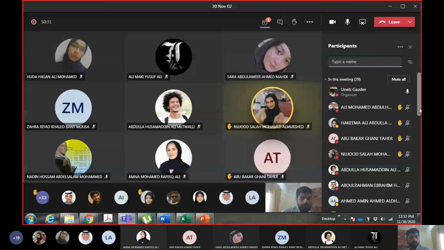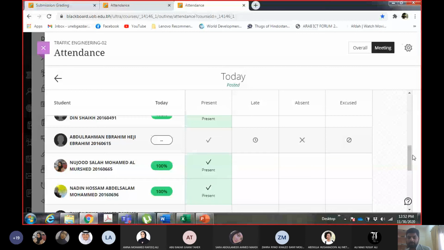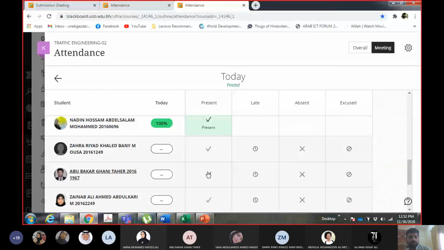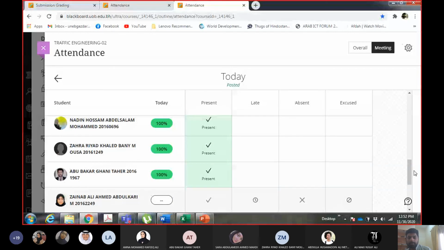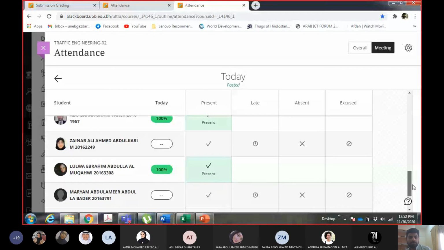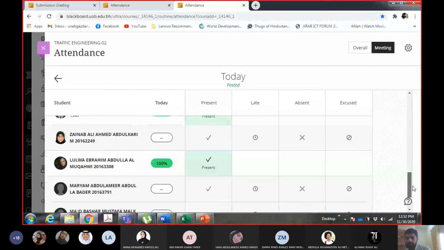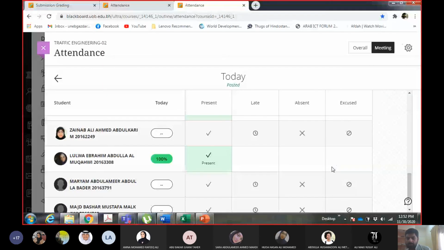Zahra Riyad, Abu Bakr is here. Zainab Ali Ahmad is here. Mariam Abdul Amir, Majd Bashar, Asil Hassan. Mariam is here. Asil is here and Majd is here.